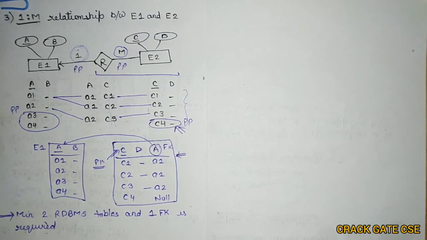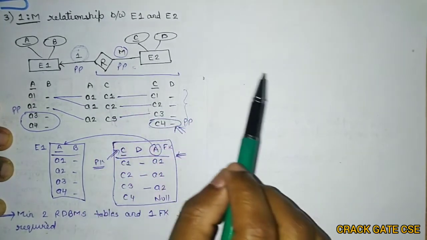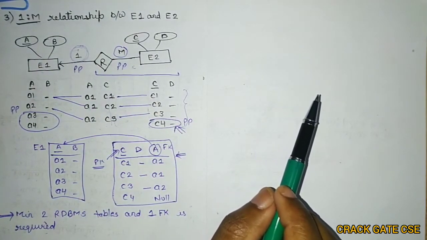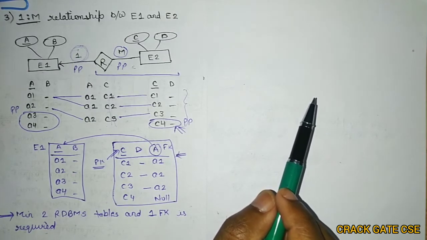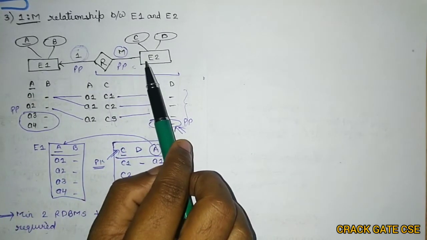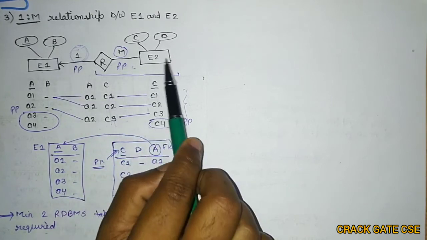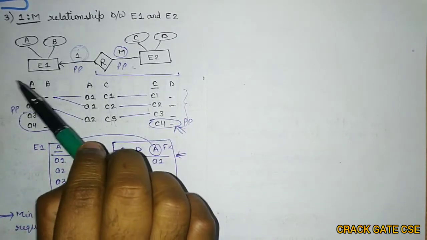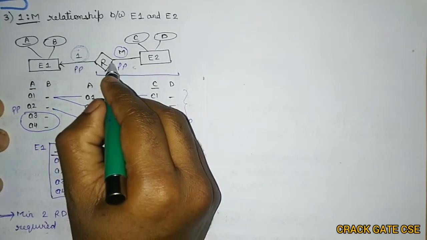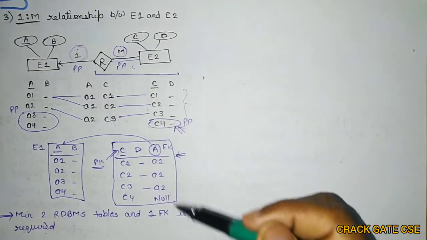Now the next thing is, what if there is a total participation? So now I am considering a case where there is a total participation on the many side, right? That means every value of E2 is completely taking part in R. So what will change in this particular example?